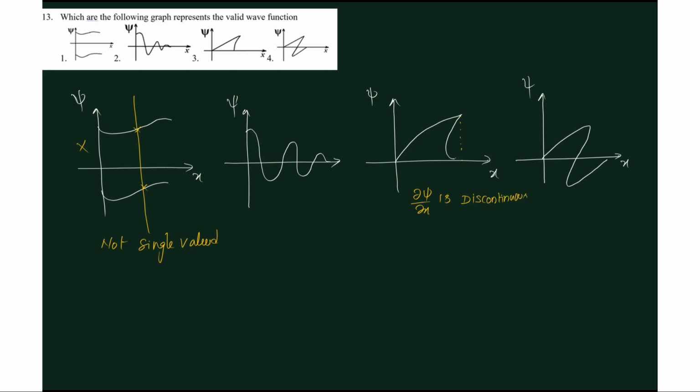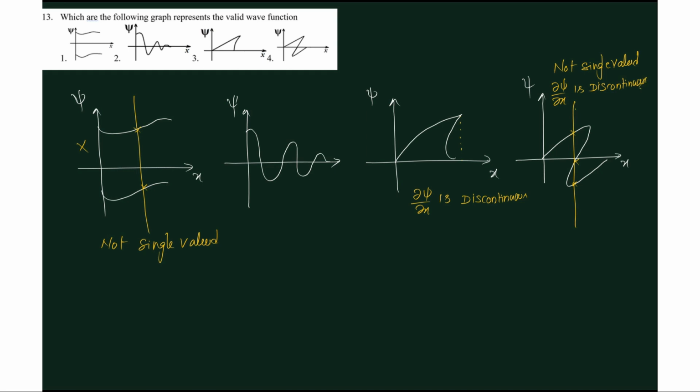And here, of course, if you draw a vertical line like this and it is cutting the graph at more than one point, it's not single valued, as well as there are sudden changes. That's why the first derivative dou psi by dou x is discontinuous, so it's not a differentiable function.